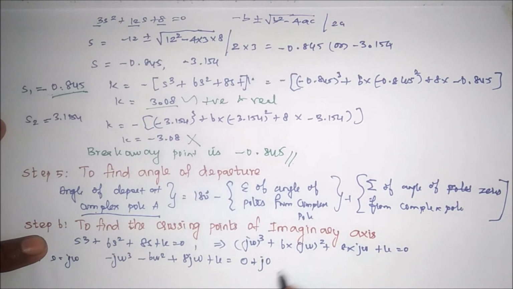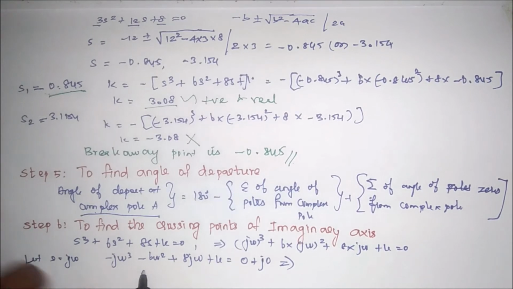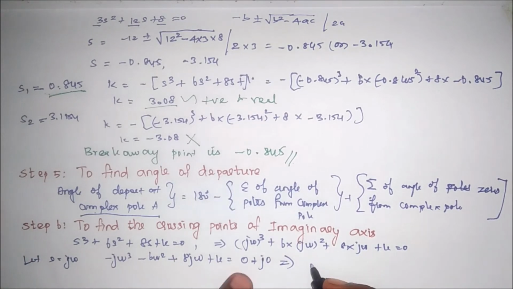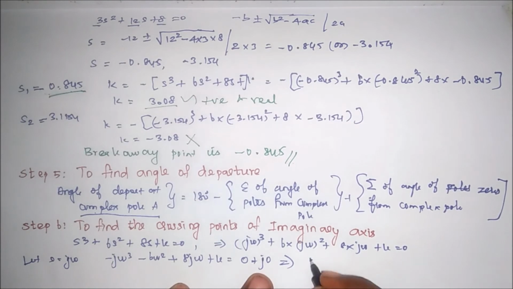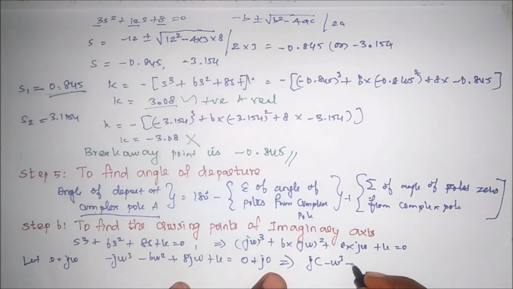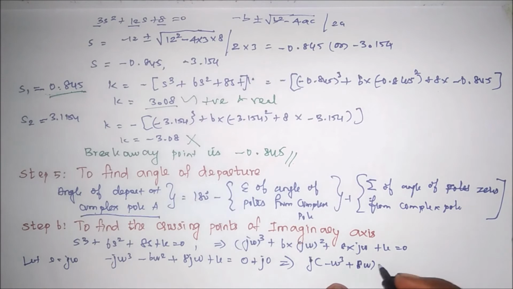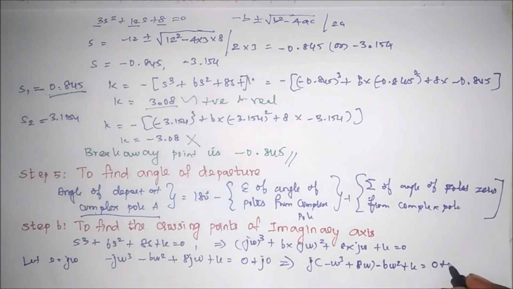So now we can separate this into real and imaginary part. So imaginary, we can separate imaginary part alone. So minus j omega cube plus 8 j omega, minus 6 omega square plus k equal to 0 plus j 0.